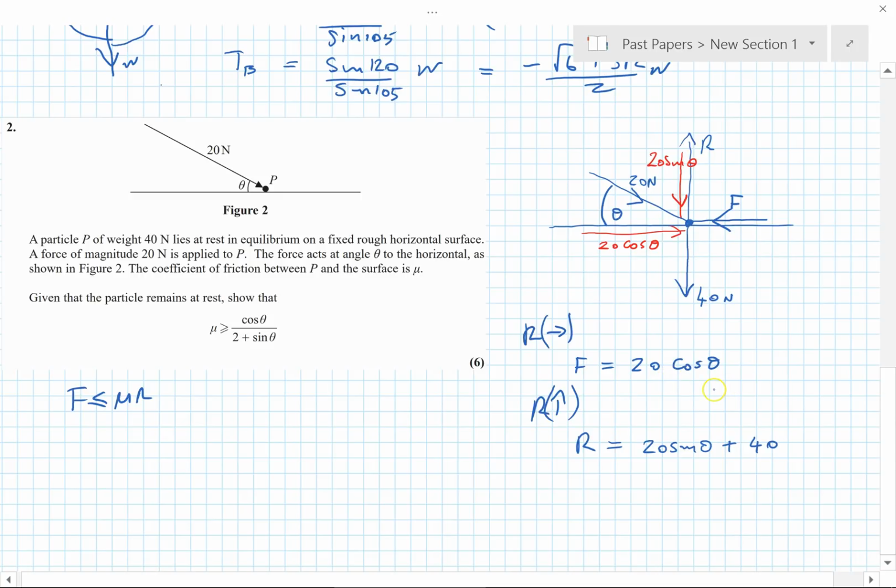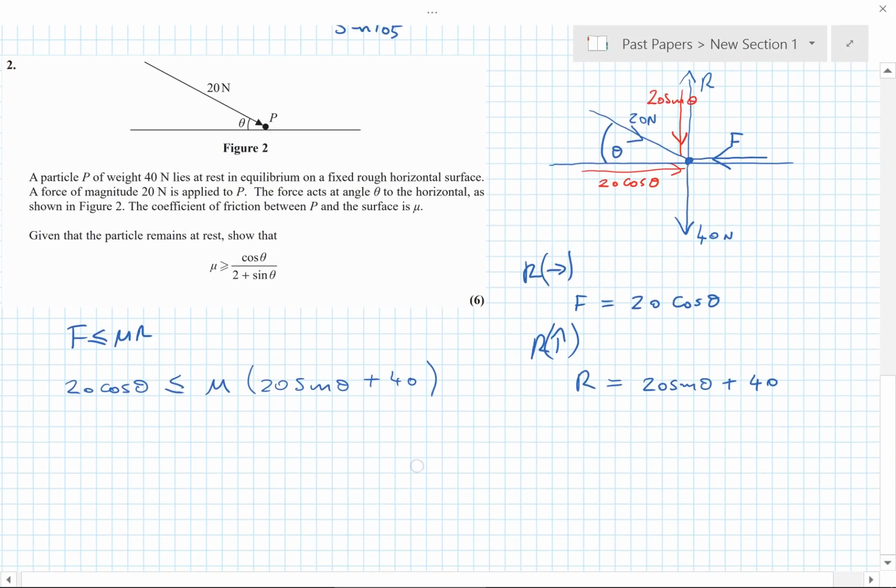So we just have to put these things in here. 20 cos theta is F, which is less than or equal to mu times (20 sine theta plus 40).